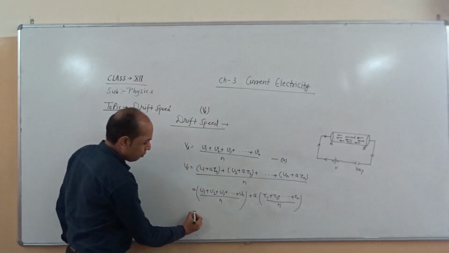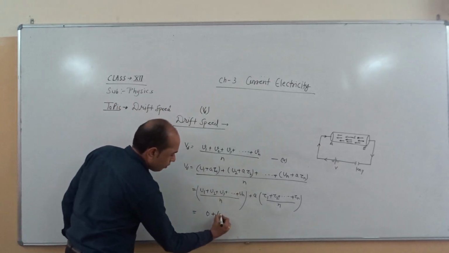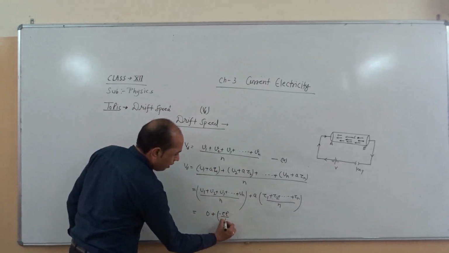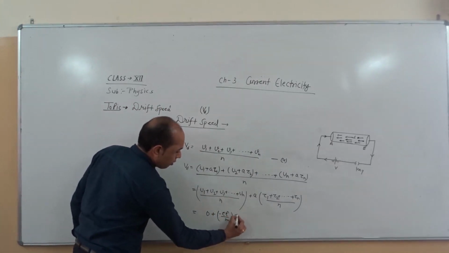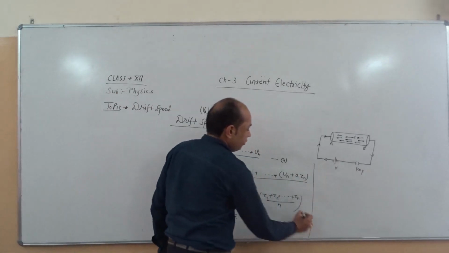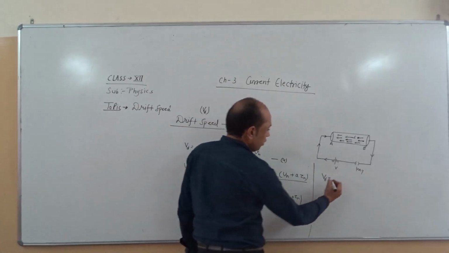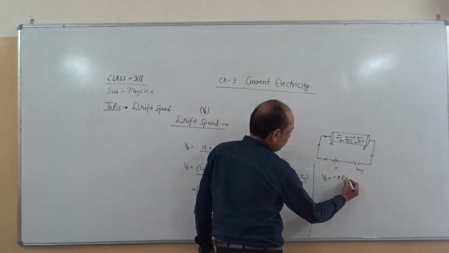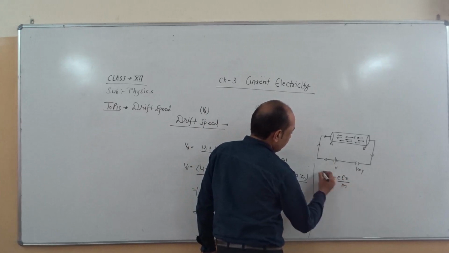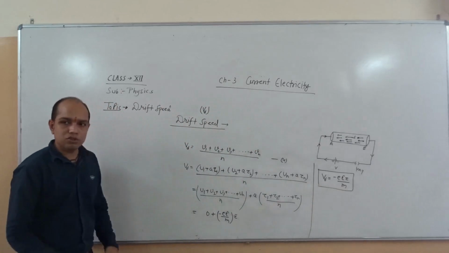So the first term is replaced by 0. Now a is replaced by -eE/m, and this is τ bar. So what we may conclude here is that the drift velocity Vd = -eEτ/m. So this is the average speed taken by the electron in the presence of an electric field.